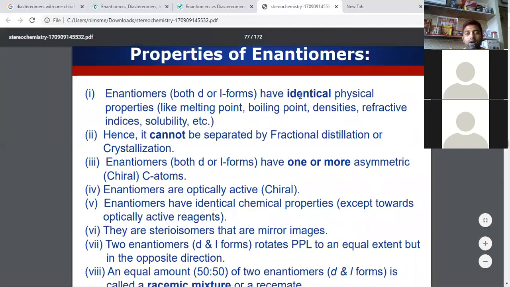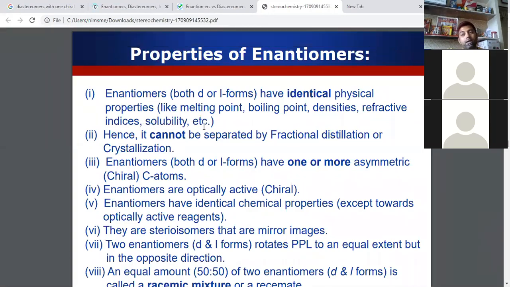Enantiomers have identical physical properties like melting point, boiling point, densities, refractive indices, solubility, etc. So the physical properties are the same, only physical properties. Hence, they cannot be separated by fractional distillation or crystallization.